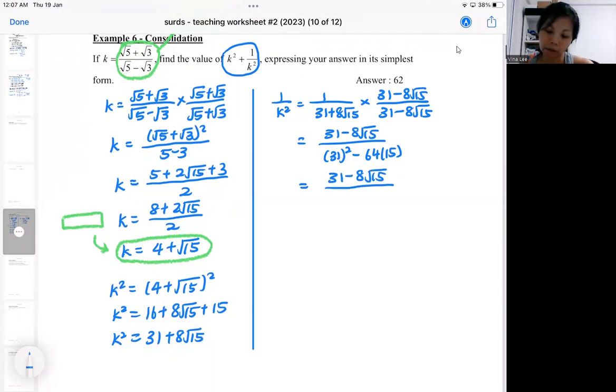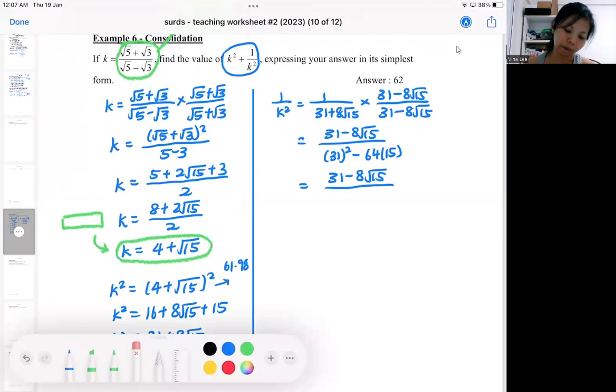Numbers look quite big. Okay, I'm doing a check first. I'm doing a check for this one. This is 61.98. I'm also doing a check for this one, just to make sure that I don't have careless mistakes. Yeah, both are 61.98.